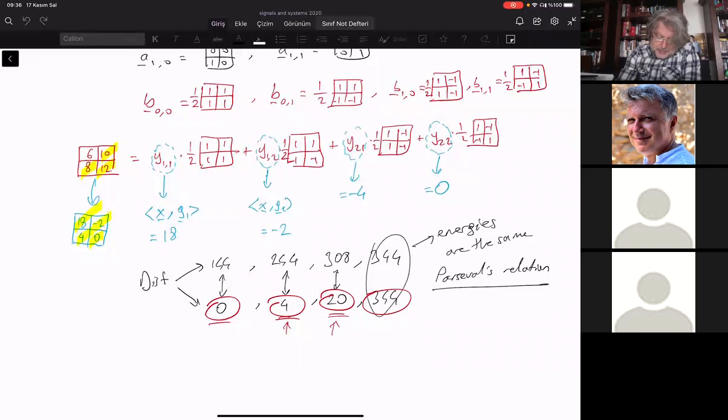And when we do that, it's always possible to find the coefficients that multiply those new bases. Y11 is the coefficient which will scale 1 over 2 times 1, 1, 1, 1. So what is Y11? It's the inner product of the input X with the basis. And that's possible because the basis that I'm telling you is a proper basis, which means they are orthonormal.